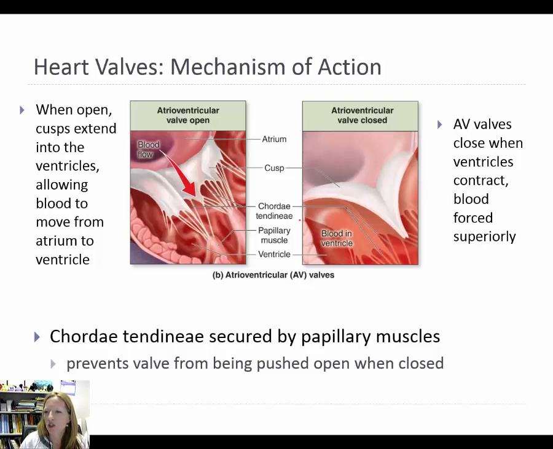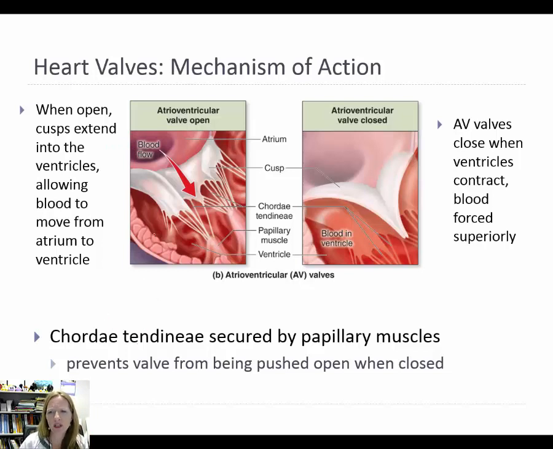But we need to make sure that these stay closed, because the pressure is going to be so great that if they didn't have these cords, they would actually flap back into the atria, kind of like if you cut the lines of a parachute, it would flap back up into the air, which is not good.